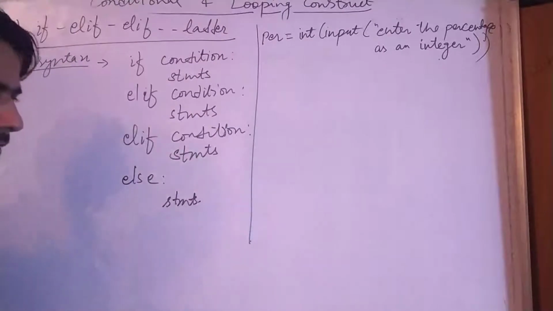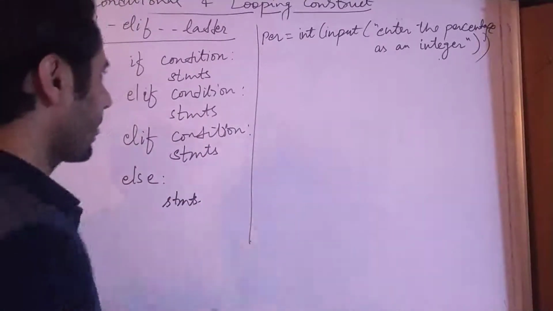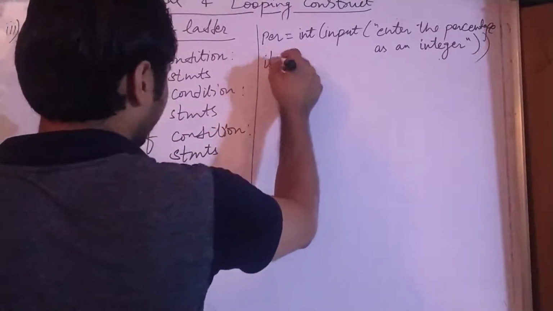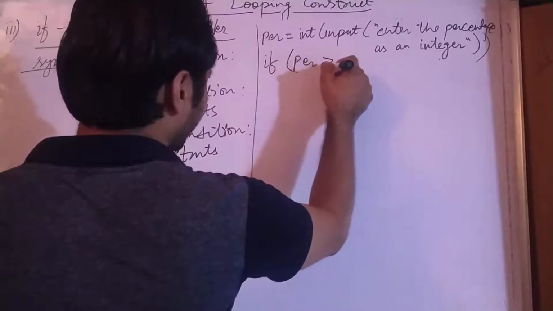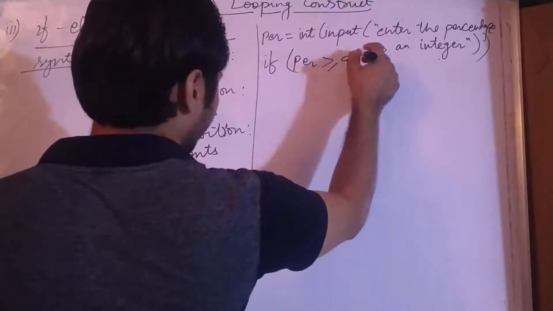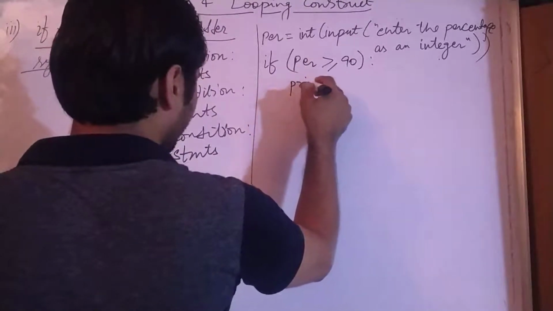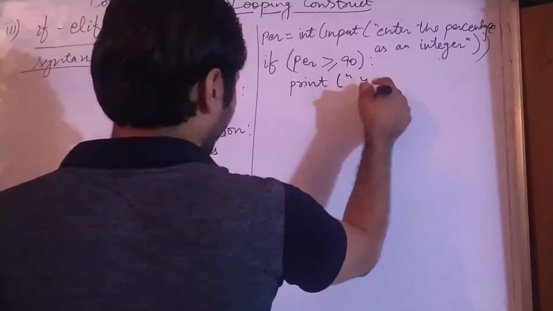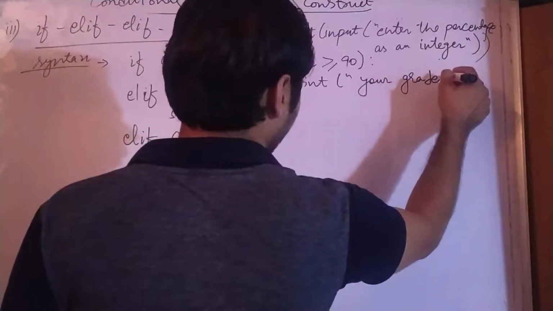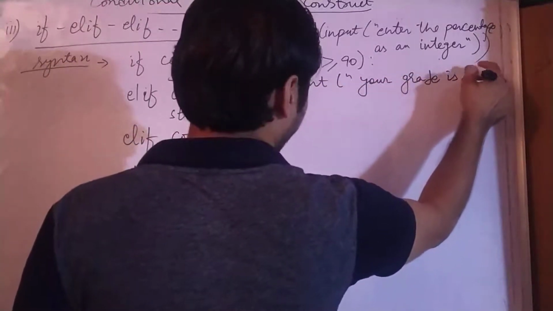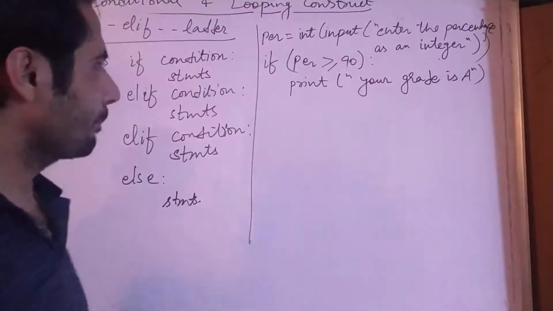Now just decide the criteria in your mind, like if percentage greater than equals to 90, okay, print your grade is A. Got it? What I want to say?